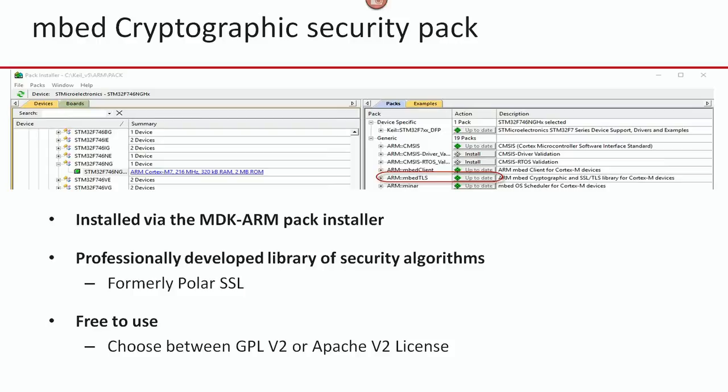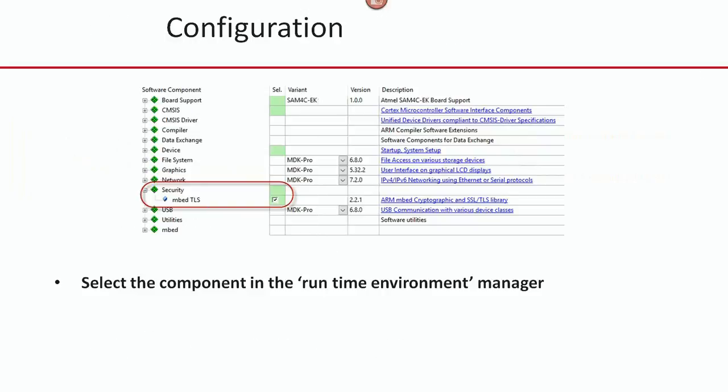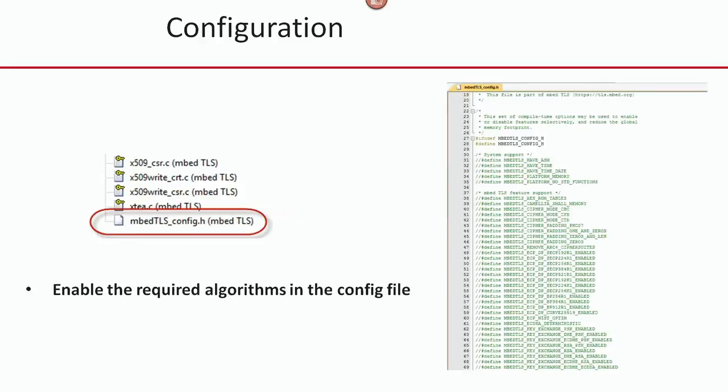So once we've installed the security pack, within the Microvision we can open the Runtime Environment Manager, and this allows us to add all of the components that we want to build into our platform. Here we can simply add the Mbed TLS library as a tick box and add that to our project, and this will then add an enormous number of files to our project.